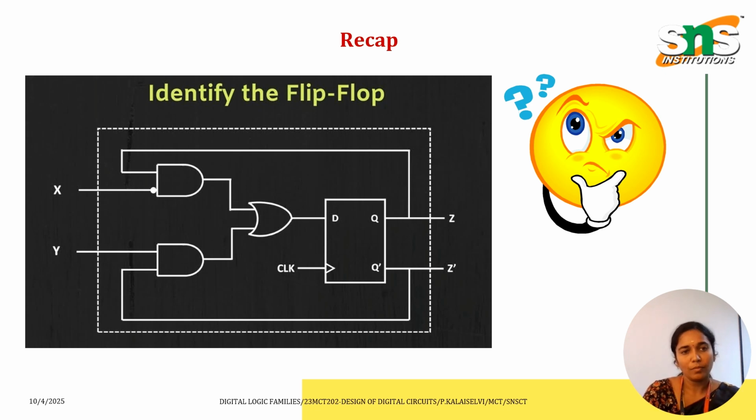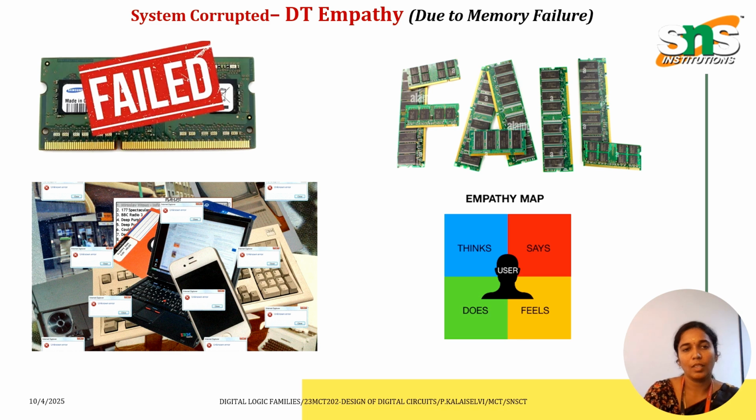So this flip-flop plays a main vital role in our memory system. To store 1-bit data, that is, a bit is nothing but zeros and ones in your digital systems, that bit is stored by using this flip-flop only. Next is the importance of memory. Most of the systems get corrupted, right?